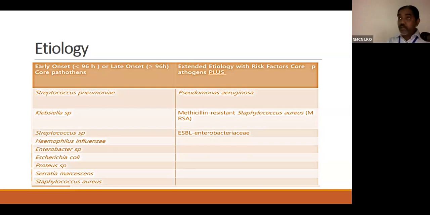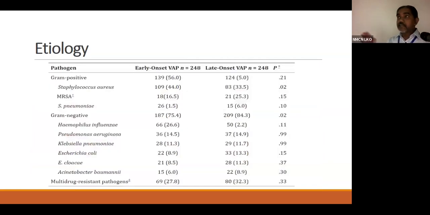Now you'll ask why this patient received cover for Staph aureus. The answer is that in various studies, amongst which this one is a nice one which I came across, in early onset VAP, amongst all pathogens, the only important difference was for MRSA, which was statistically significant, and gram-negative pathogens in general.